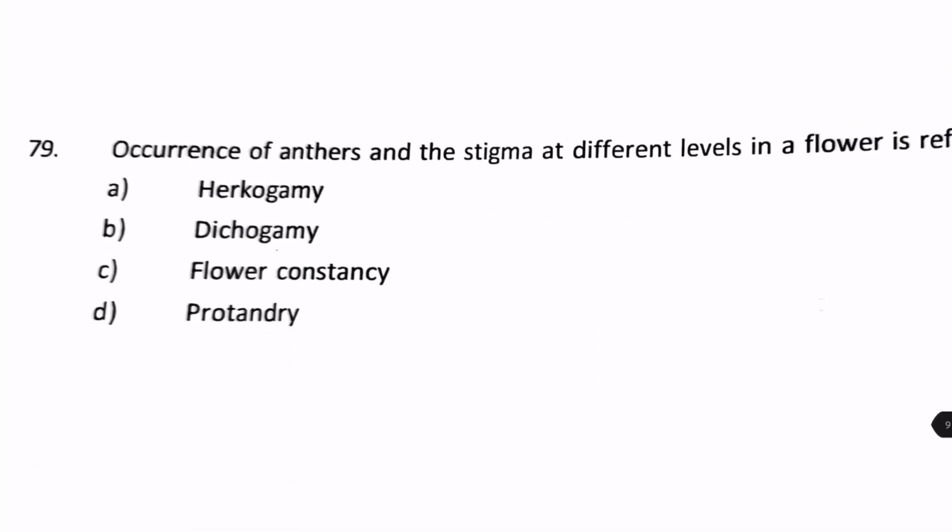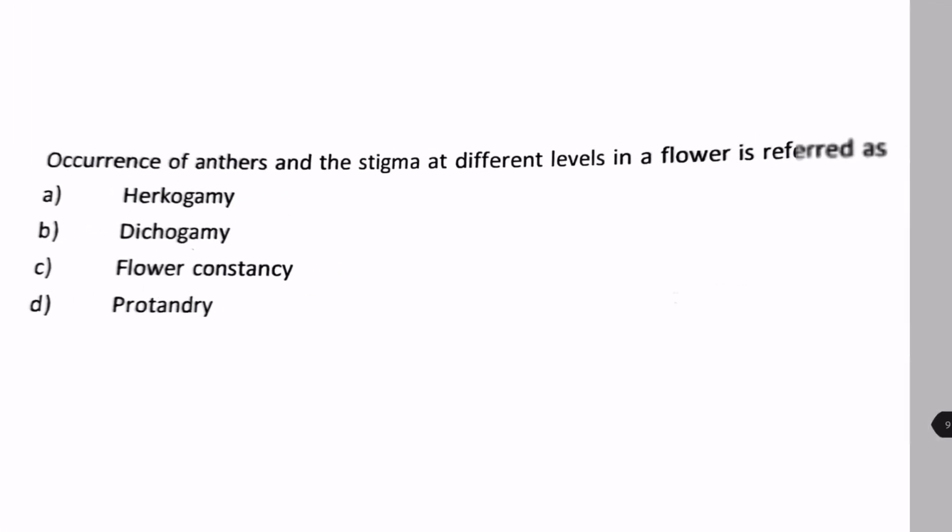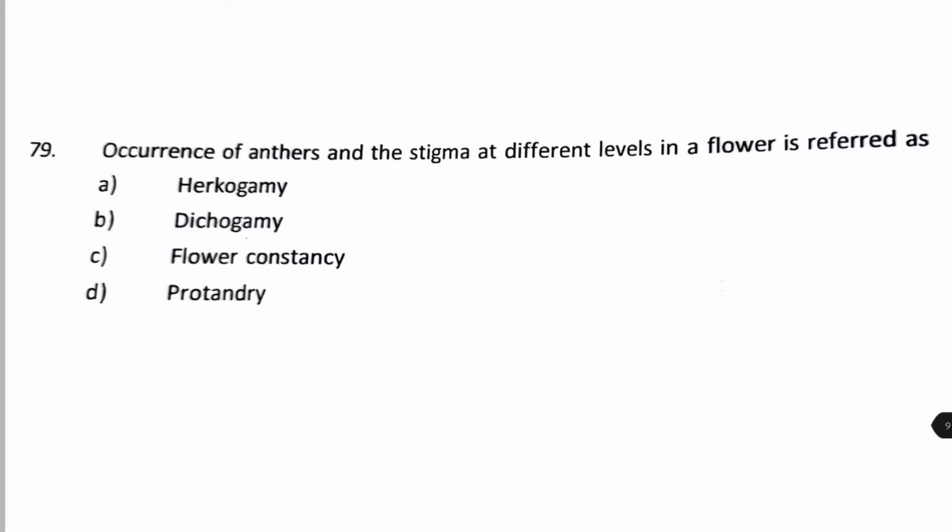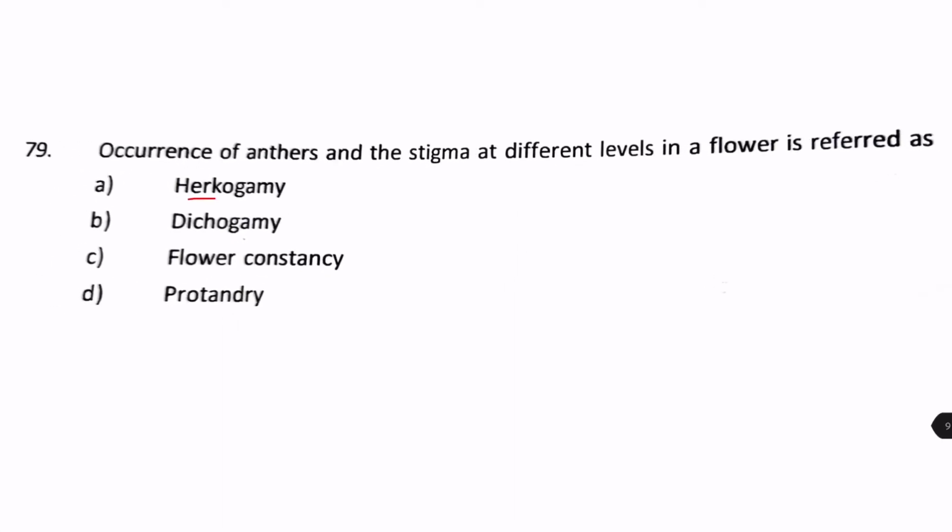Next question. Occurrence of anthers and the stigma at different levels in the flower is referred to as: A, hercogamy; B, dichogamy; C, flower constancy; D, protandry. Protandry is about the timing of release, so it is not what is asked in the question, so it's wrong.